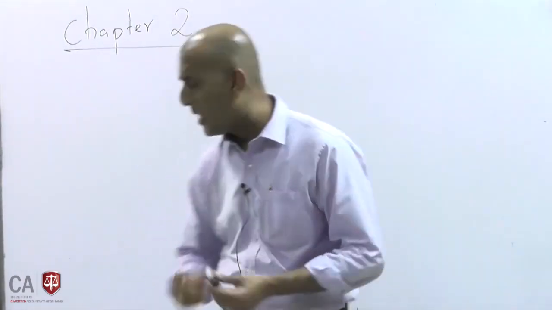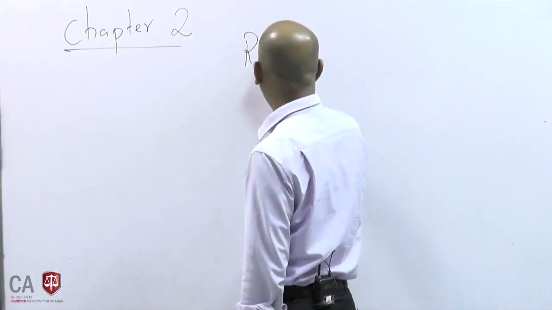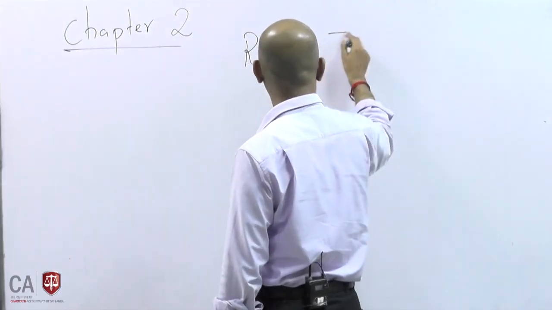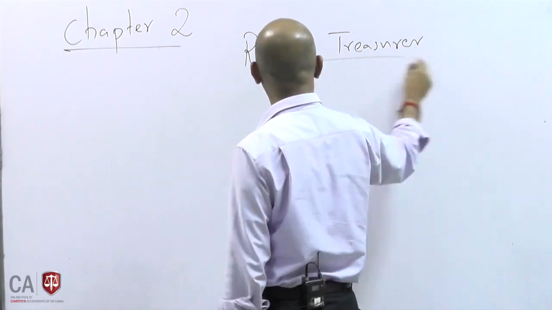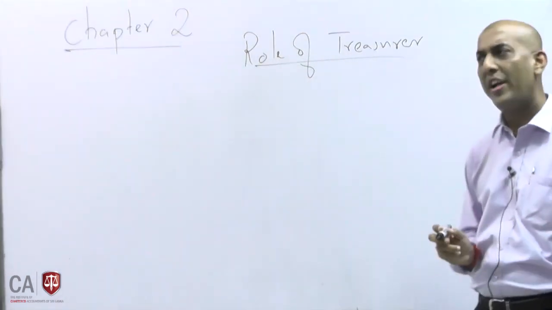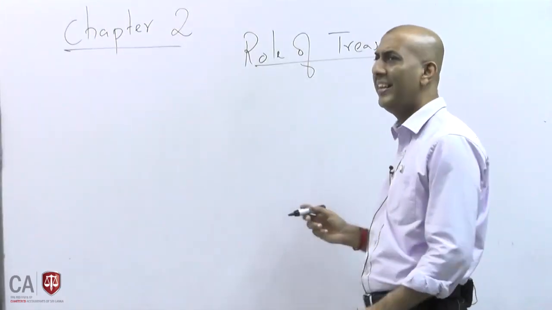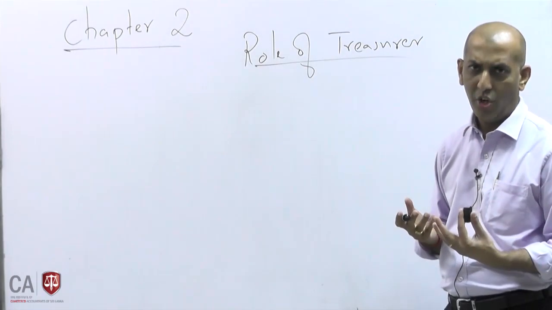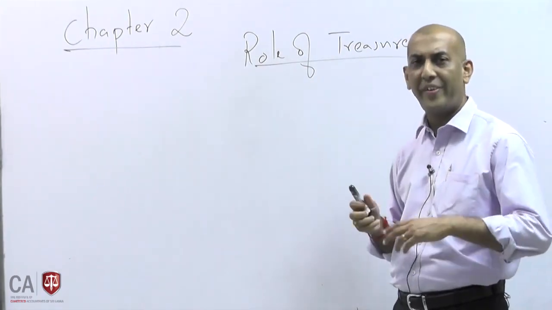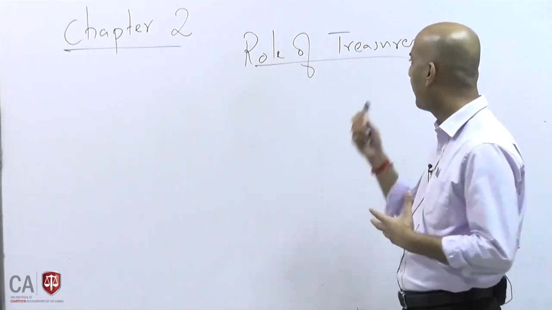Then there is something called the role of the treasurer, compared with the role of the financial controller. So what is the role of the treasurer? The treasurer is somebody who manages the treasury, or in other words, the functions of treasury are managed by a treasurer.